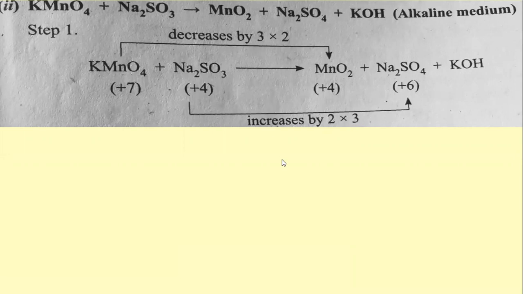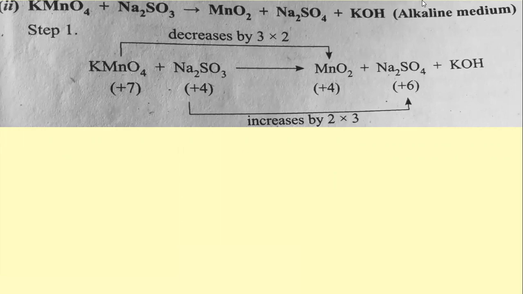Here also we have to count as we did in the previous step. We have to write the individual oxidation reaction and then the individual reduction reaction. Then we have to balance the relevant atom and we have to find the electron differences, right?